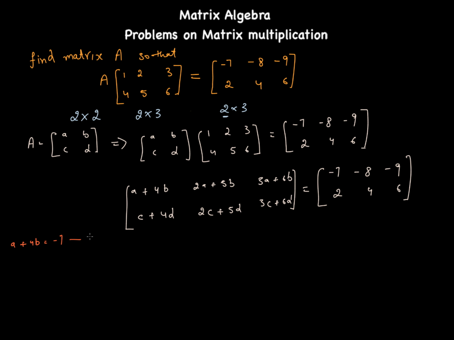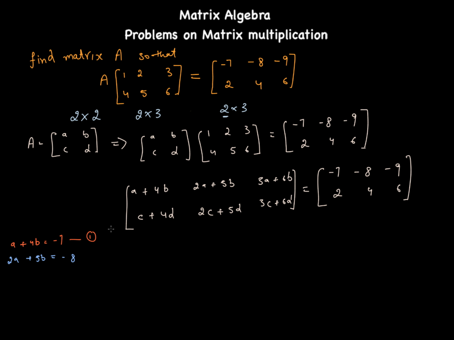I'm going to mark this as 1. Then we got 2a plus 5b is equal to -8.